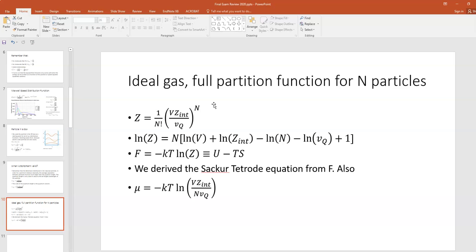And so here, of course, you would say that your partial of your free energy with respect to the temperature would be equal to your entropy expression. And there's how we got our Sackur-Tetrode equation for the entropy of an ideal gas. We also derived the chemical potential for an ideal gas.